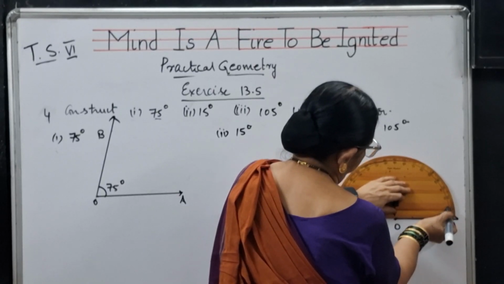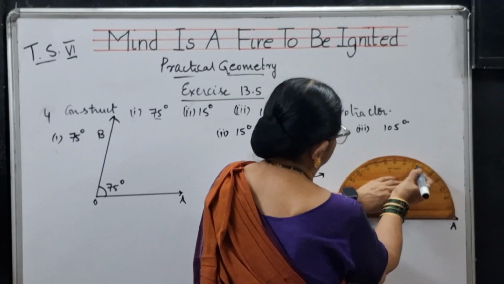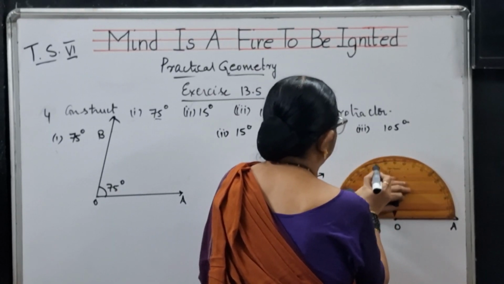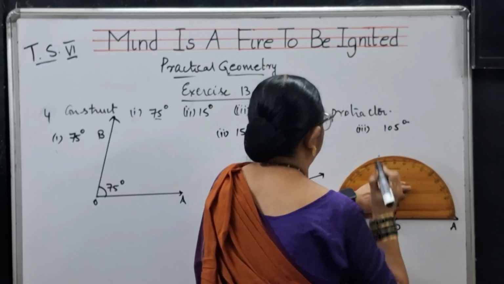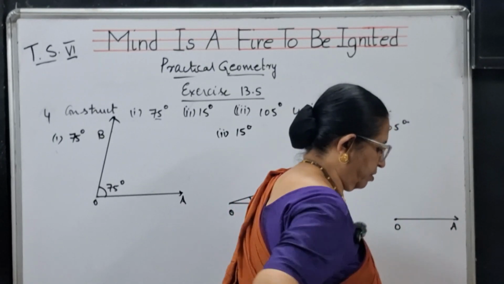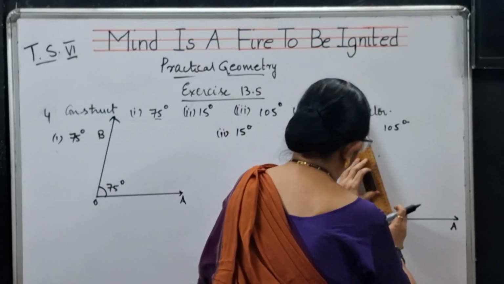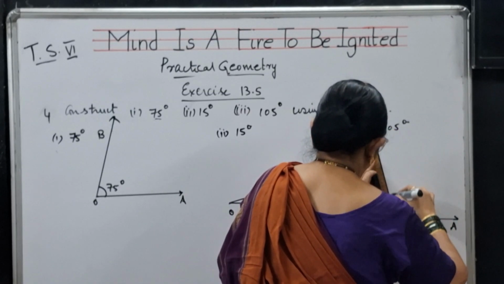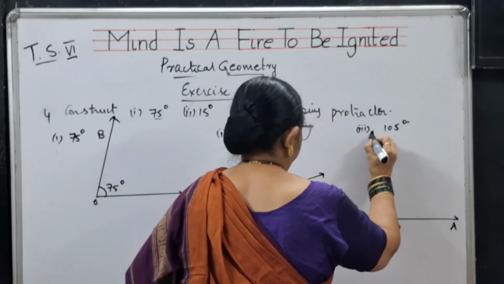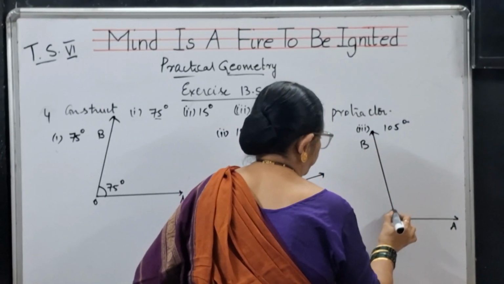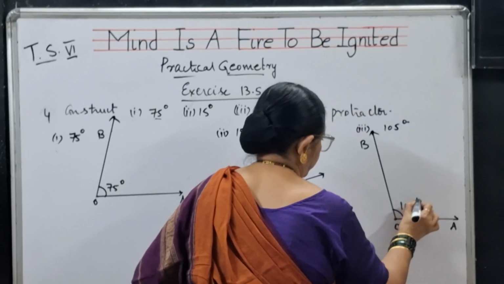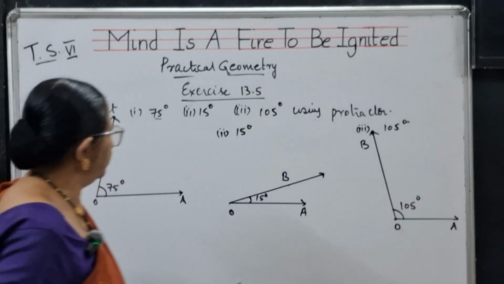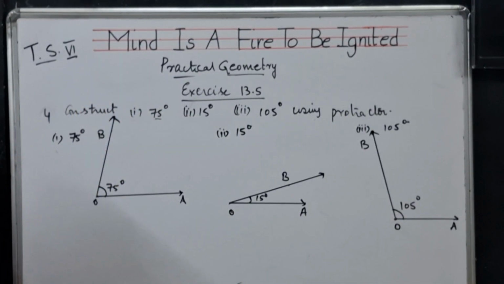So see, 0, 10, 20, 30, 40, 50, 60, 70, 80, 90, 100 and 110, in between them is 105 degrees. So angle BOA is 105 degrees. So by using protractor and this way we need to draw the three angles, children. Please note it down.